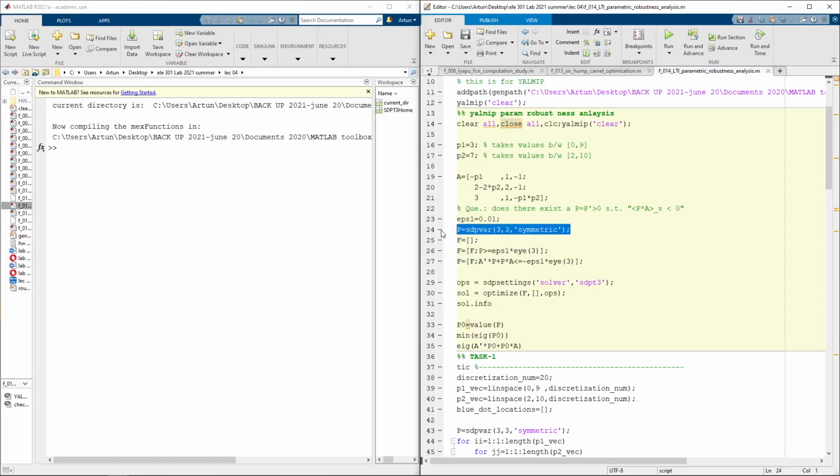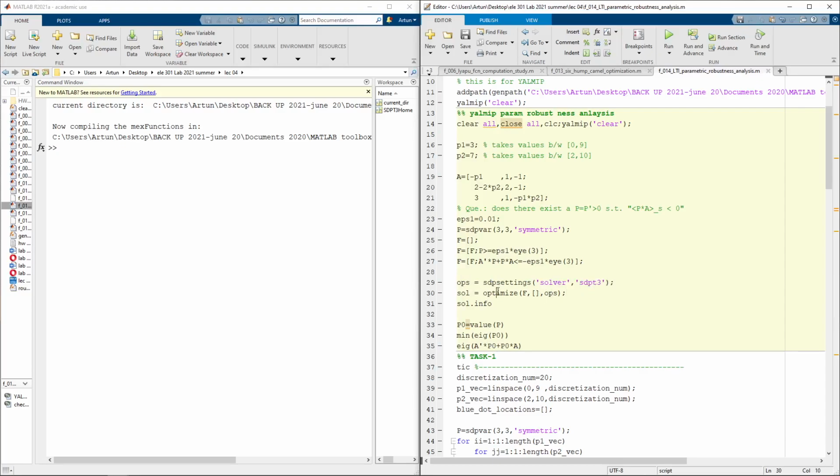Again, we are defining some YALMIP variables, 3 by 3 symmetric. And here, this is the first constraint, P being positive, and this is the second constraint, this V dot term being negative. And here I'm just stating which SDP solver to use.